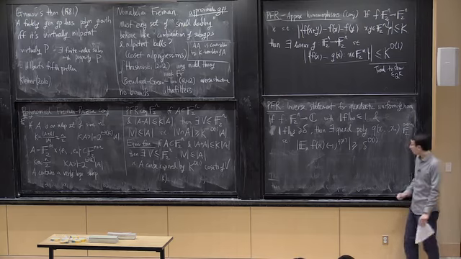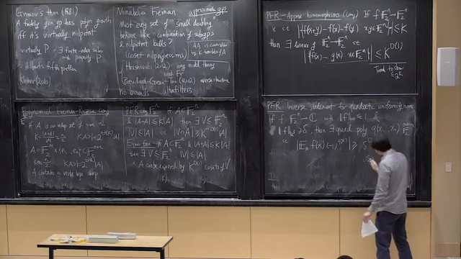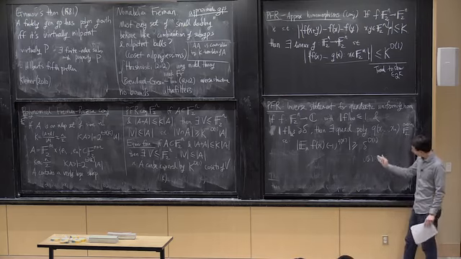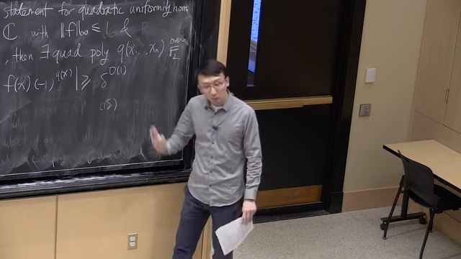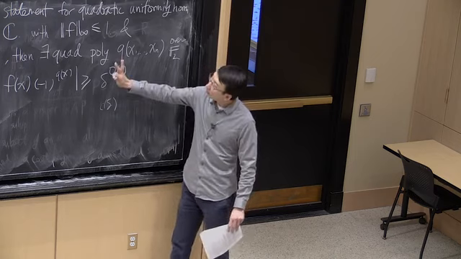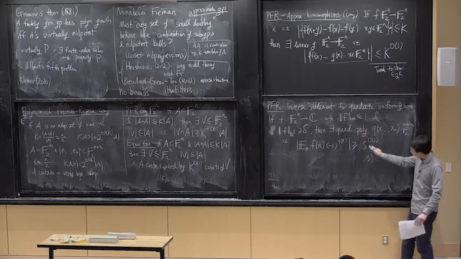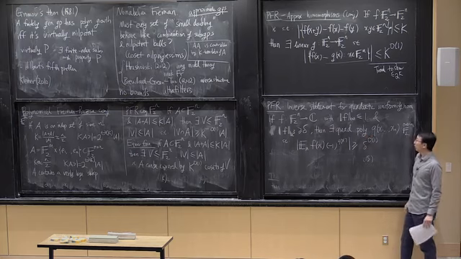Previously I quoted something where you lose something that's only a constant in delta, and that is known. But it's a conjecture that you only lose a polynomial in these parameters.